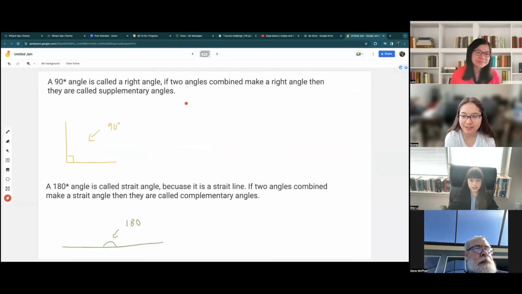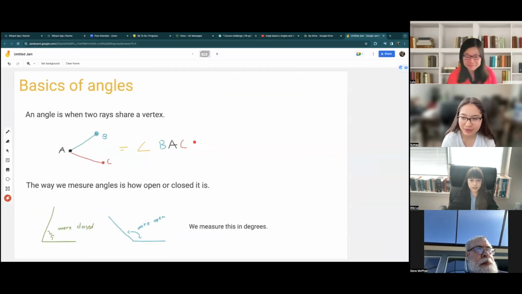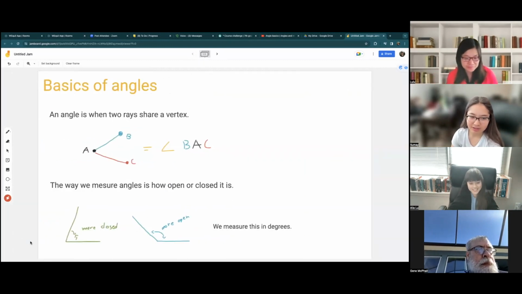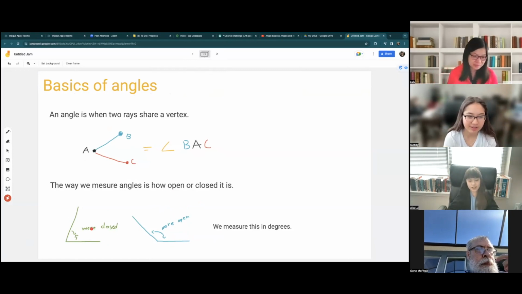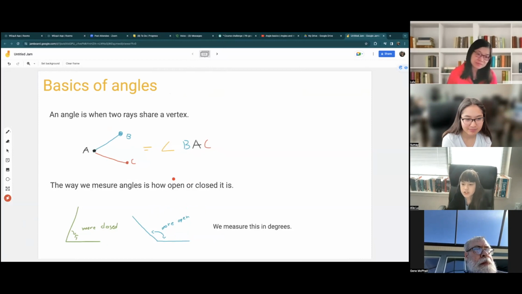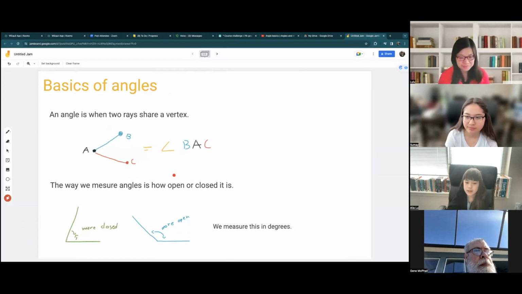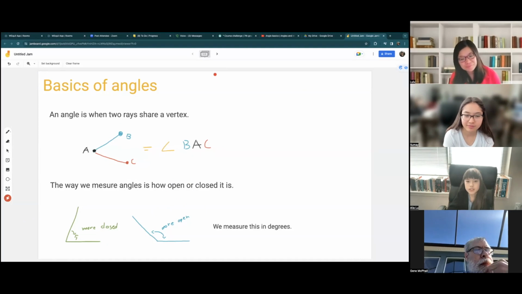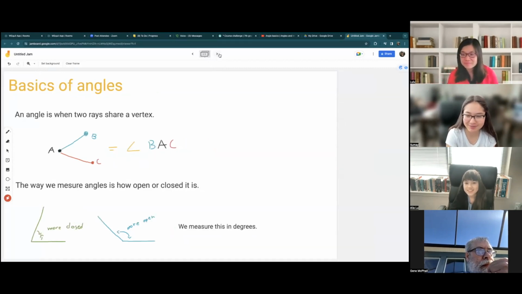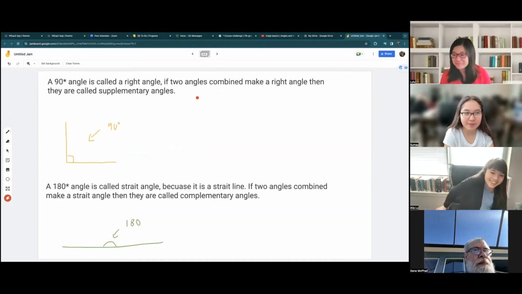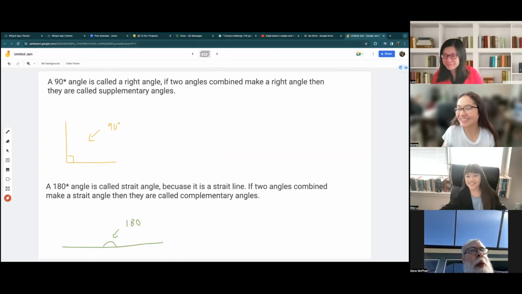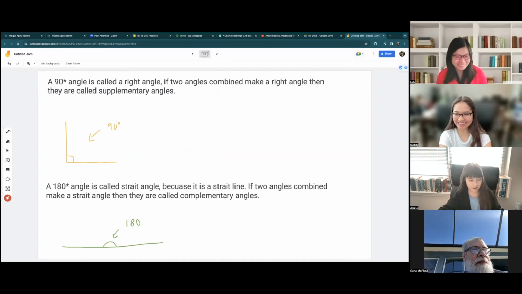Saying more open or more closed could get confusing because it needs to be relative to something. So we use degrees, or radians as you get into trigonometry, which is very annoying. Thank you, Sue. I guess I'll learn more about that.